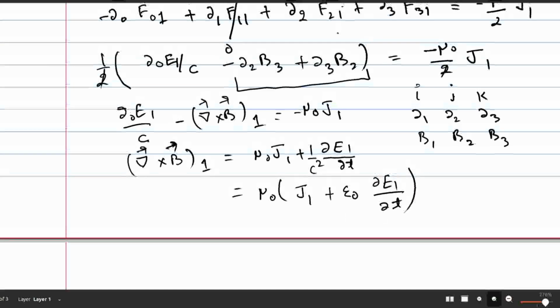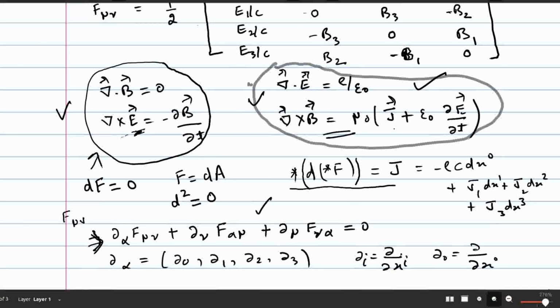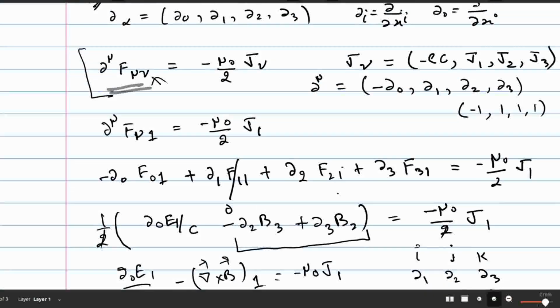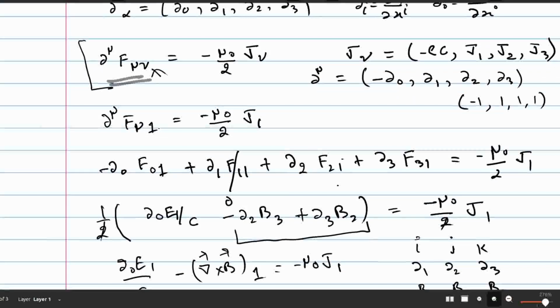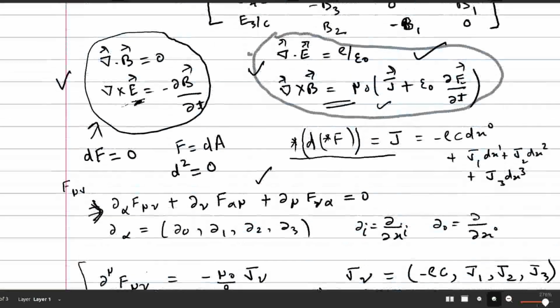So we get the first component of this equation by taking nu equal to 1. If we take nu equal to 2 in this equation, then we get the second component, and if we take nu equal to 3, then we get the third component of this equation.